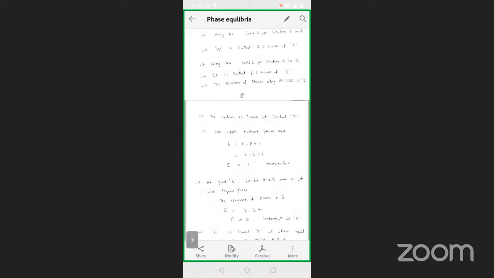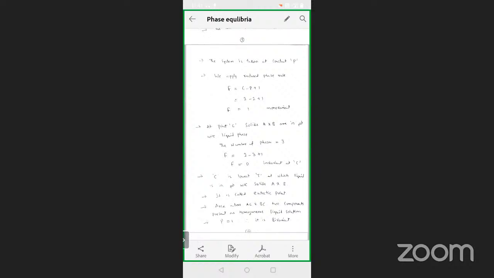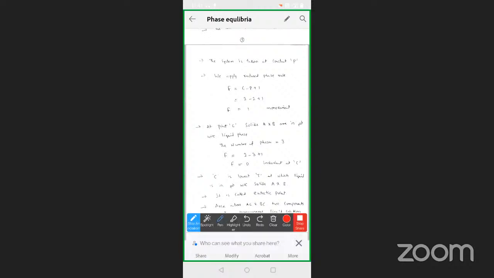At point C, solids A and B are in equilibrium with the liquid phase. Hence, these are three phases. So F equal 2 minus 3 plus 1. So we'll get F equal to 0, invariant at point C. Similar to the triple point of water, where F equal to 0, which is an invariable point.